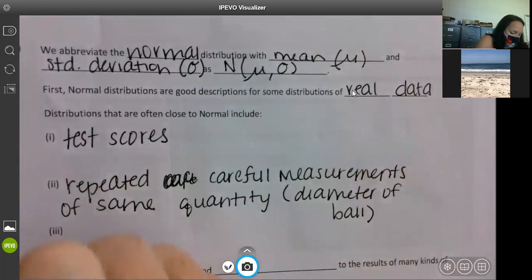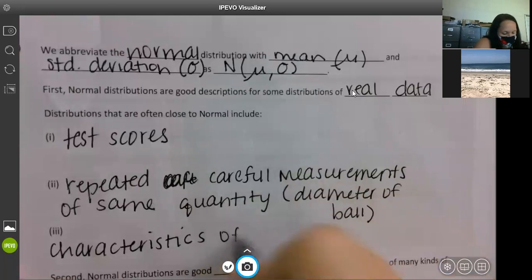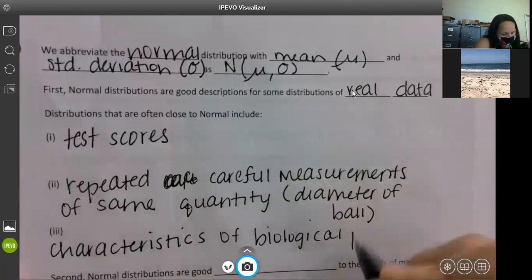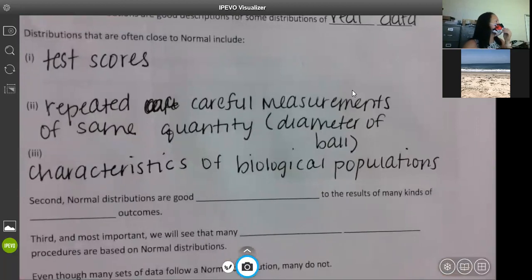And the third one is characteristics of biological populations. That's just in general. Test scores are the ones that you're going to remember the most, because grading on the curve and stuff like that you've heard of the most.